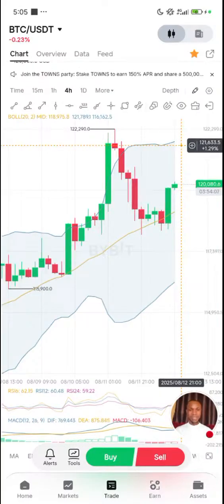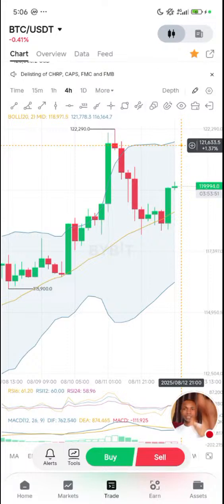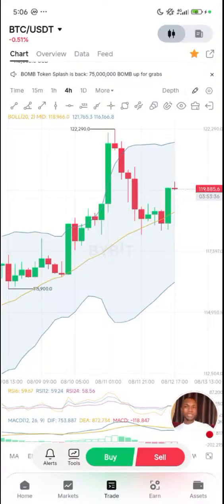Right now in Nigeria, before the end of today, before 11 p.m., within 11 p.m. from now, Bitcoin will hit $121,633, or even go higher than this. But it's going to hit this. So that is for Bitcoin. You can take note of it.